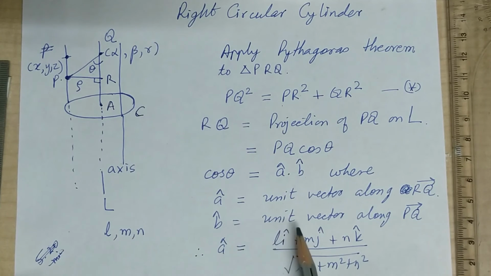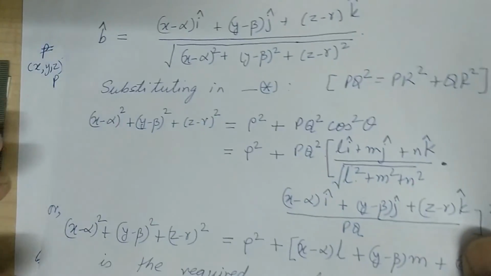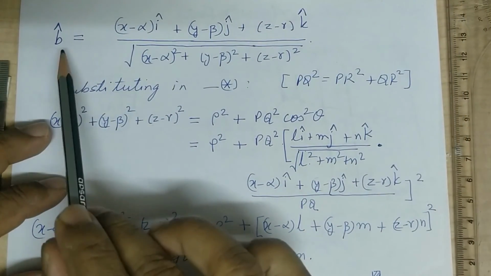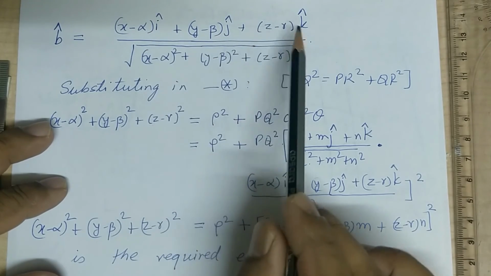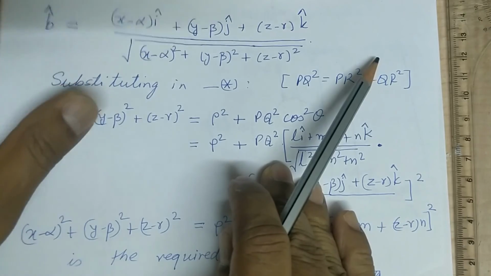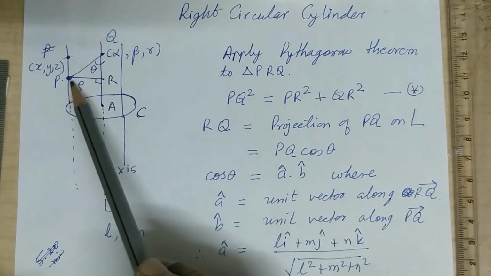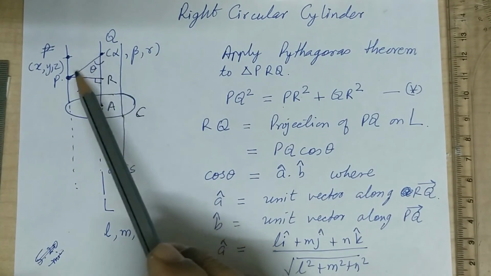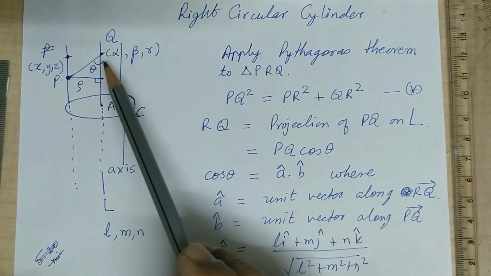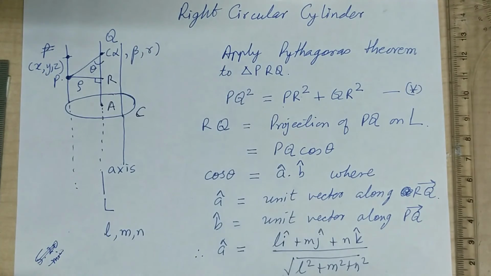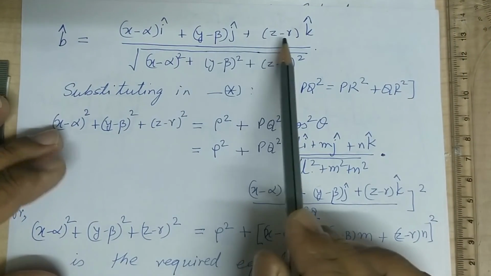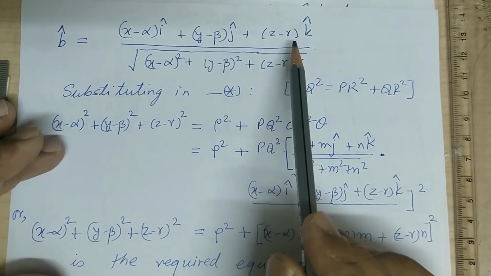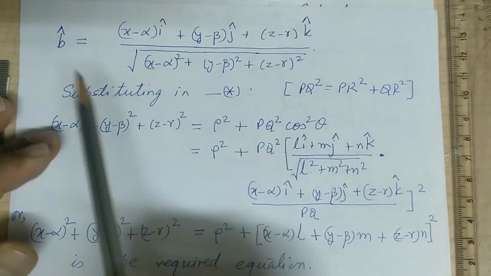So the unit vector B, let me just calculate this, and the calculation is here. B cap is x minus alpha i, y minus beta j, z minus gamma k. X minus alpha, y minus beta, z minus gamma are the direction ratios of the line passing through PQ. I create a unit vector out of that.